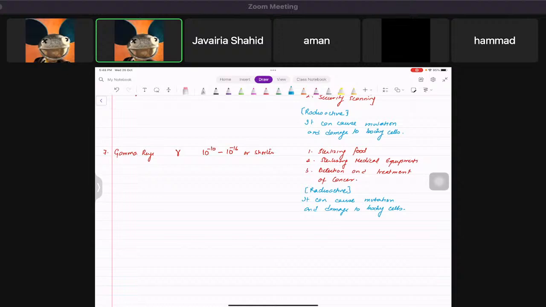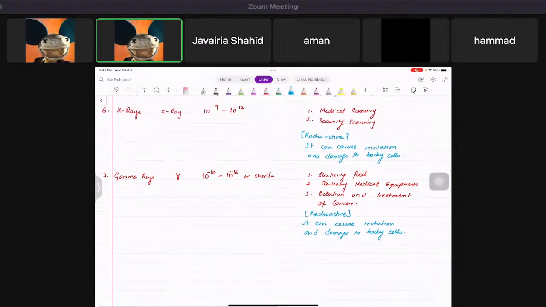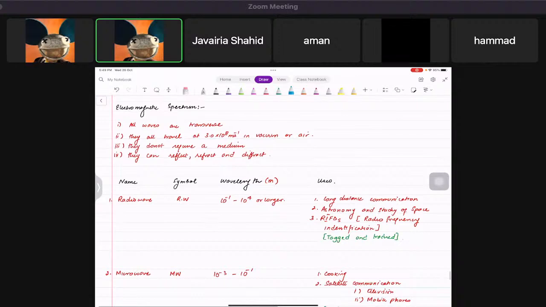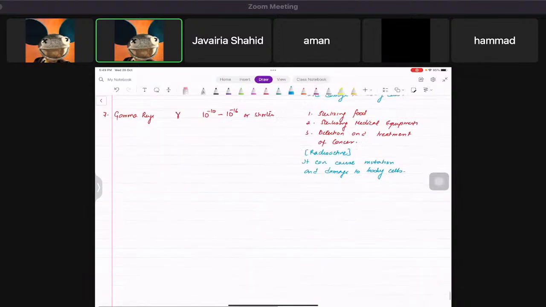Right. Now, if you look at what we've really achieved so far, these waves, we not only need to remember the wavelengths, which unfortunately we have to, but also the series.